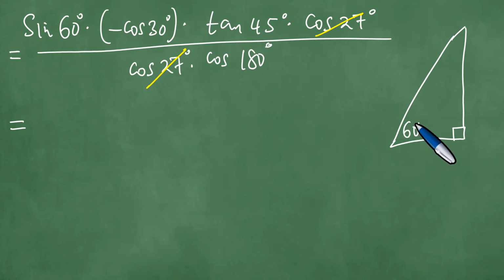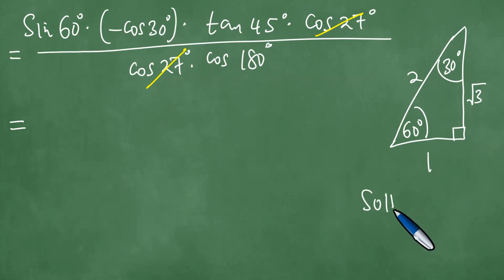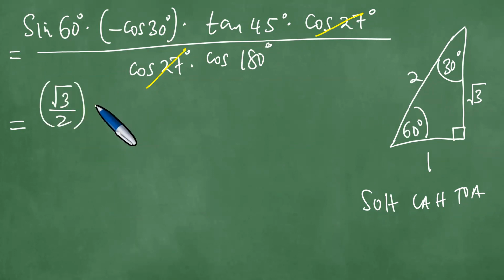If this angle is 60, this one 30, sides 2, square root of 3, 1. Now, using SOHCAHTOA, the sine of 60 is the opposite over the hypotenuse, which is the square root of 3 out of 2.